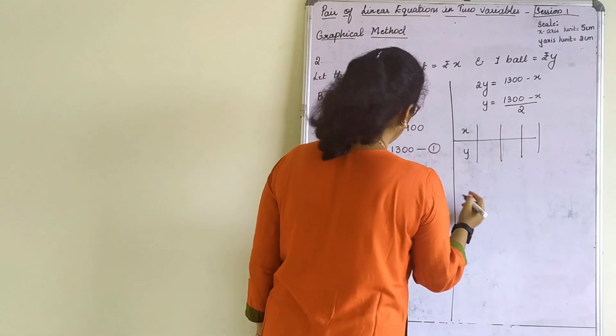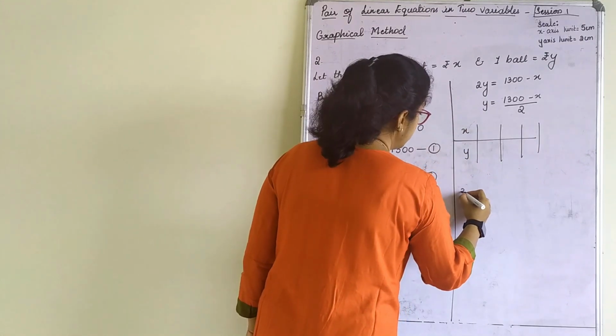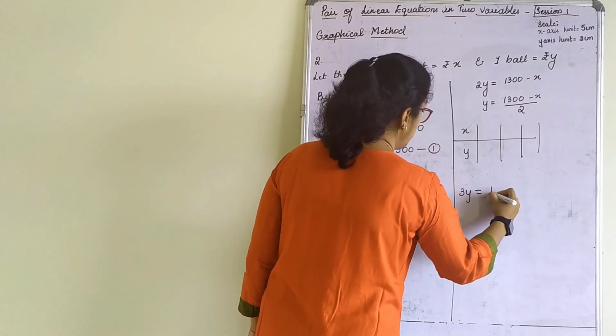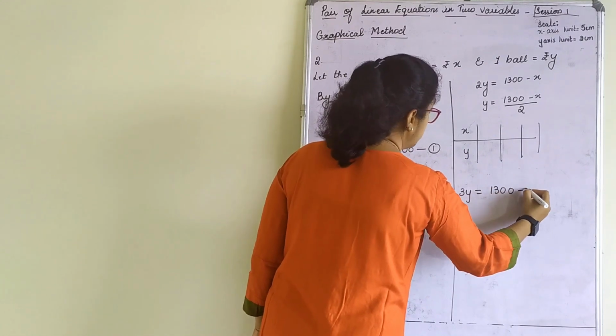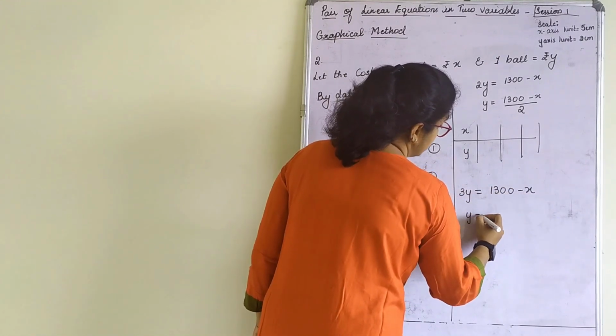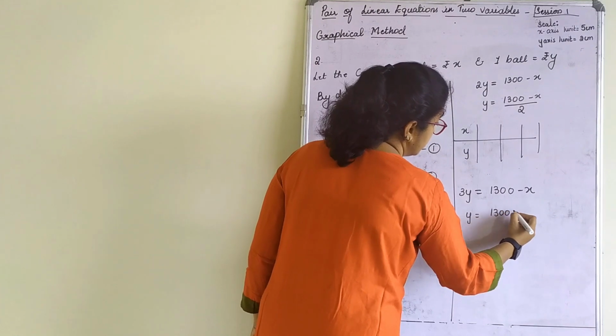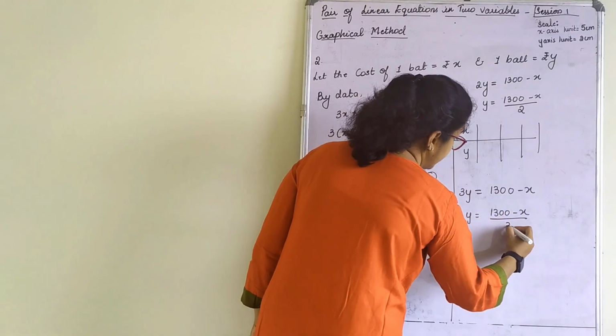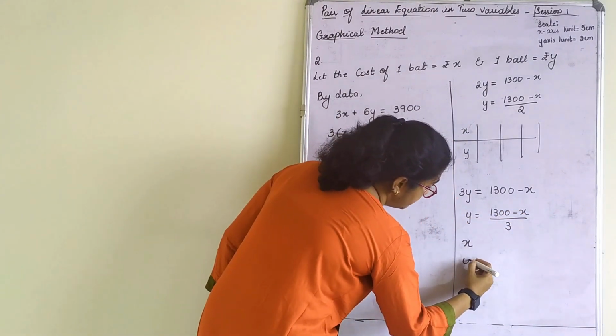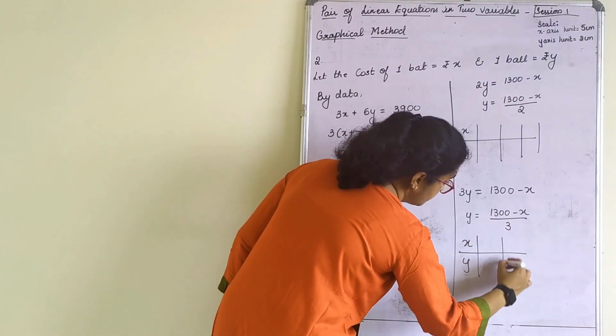I'll also plot the second equation: 3y is equal to 1300 minus x, so y is equal to (1300 minus x) divided by 3. Tabular column for x and y also.